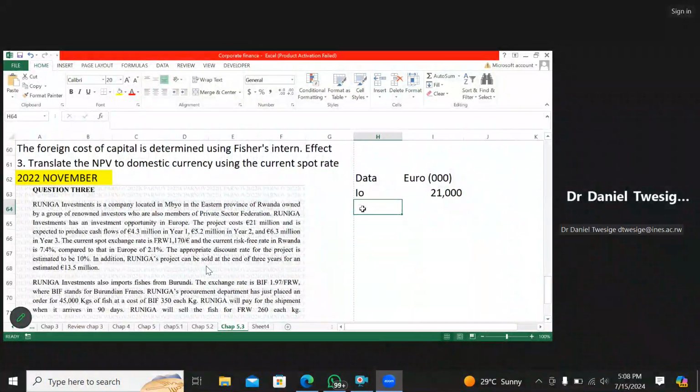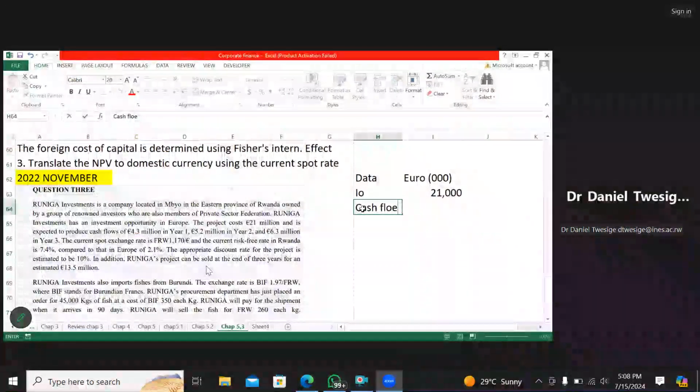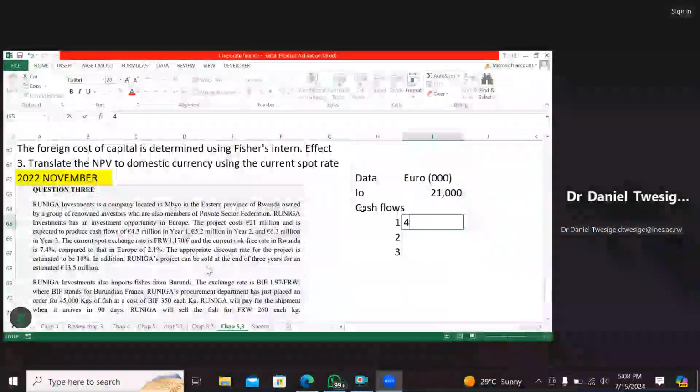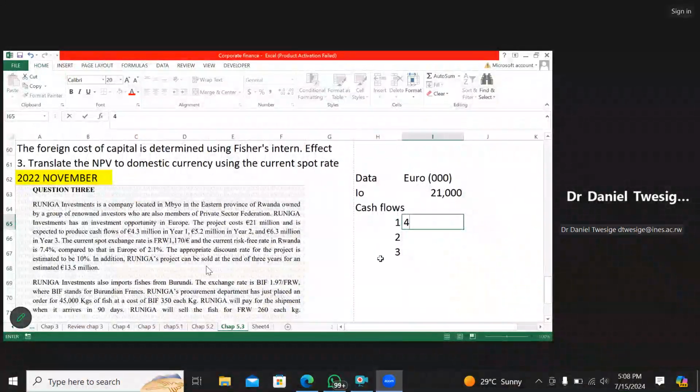Year 1, it will generate 4.3. I've removed 3 zeros. These are in euros. This is 5.2. This is 6.3. Those are the cash flows.